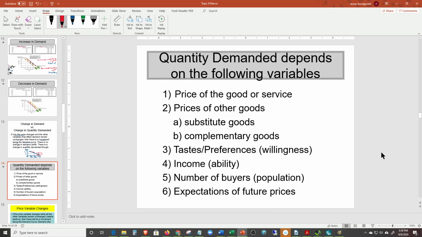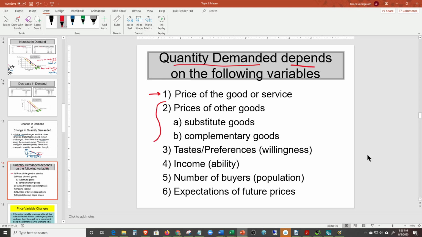Now I guess from this I'll talk about the confusing part of this, change in quantity demanded versus change in demand, because here are all the variables economists posit as influencing the quantity demanded of a good. It depends on the following variables. Price, and this is the one we define the law of demand in.